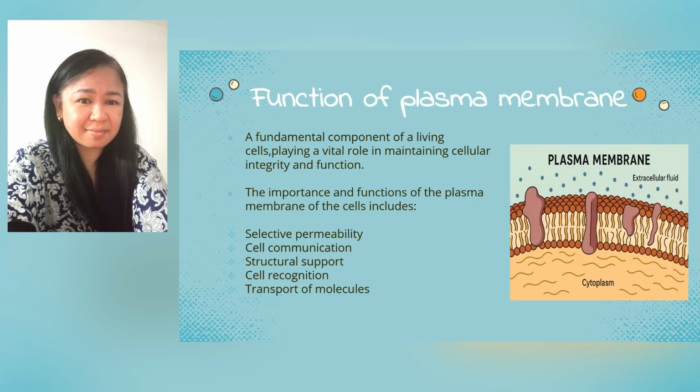And the next question is function of plasma membrane. The plasma membrane is a fundamental component of a living cell, playing a vital role in maintaining cellular integrity and function. The importance and function of the plasma membrane of the cells include selective permeability, cell communication, structural support, cell recognition, and transport of molecules.